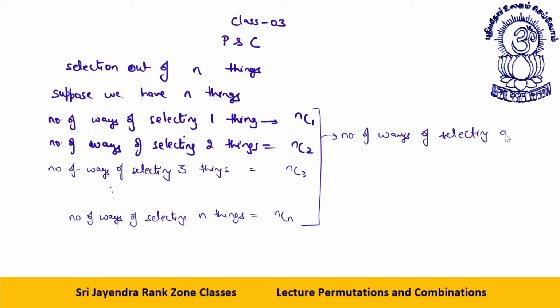The number of ways of selecting at least one thing out of n things will be this: NC1 plus NC2 plus NC3 plus NC4 up to NCN.